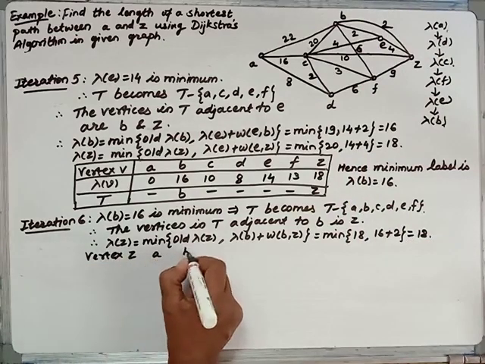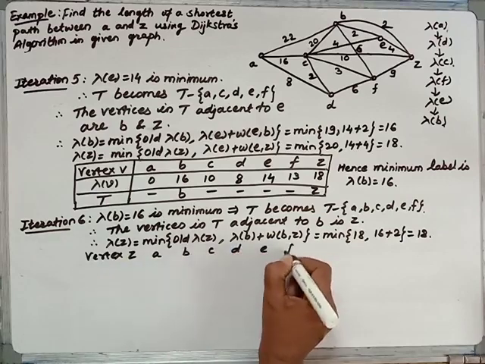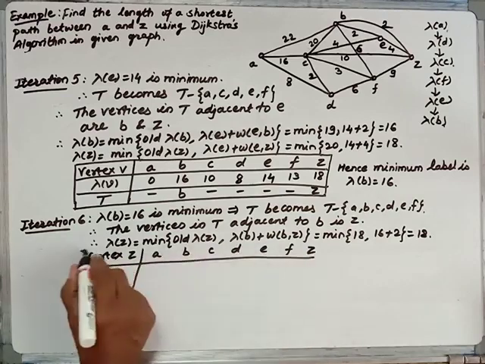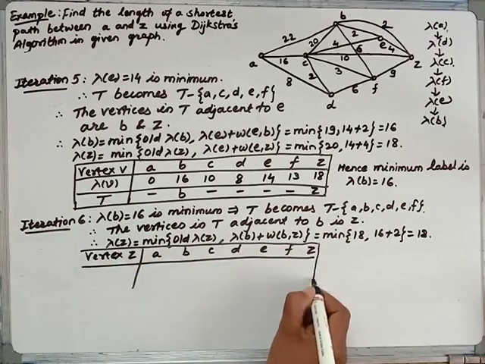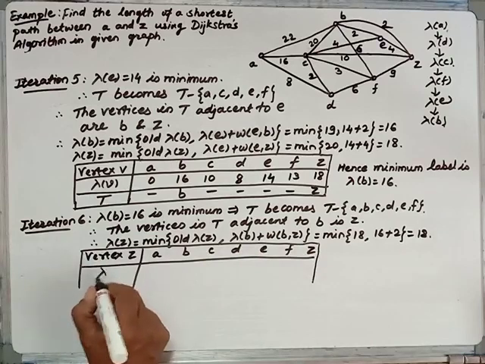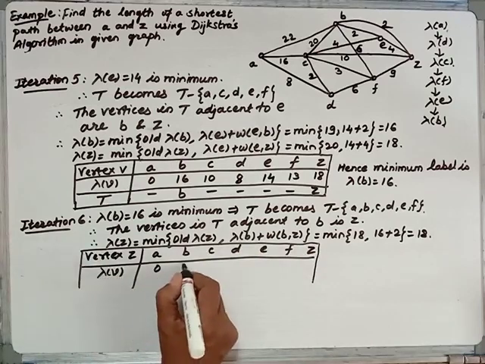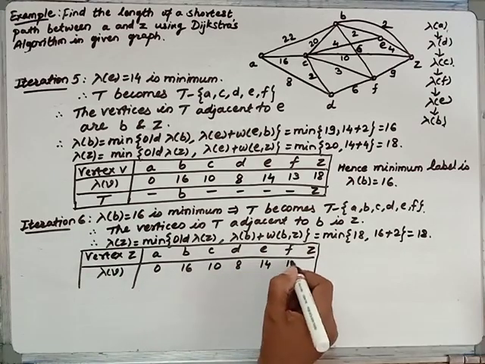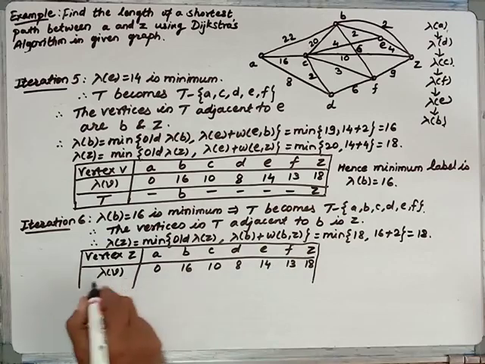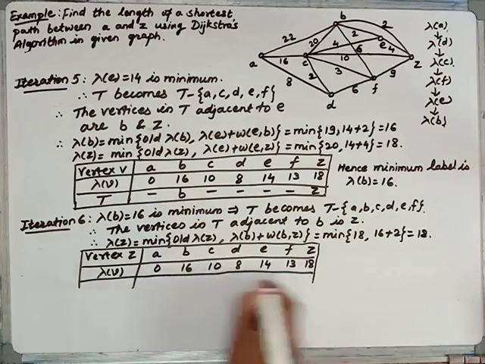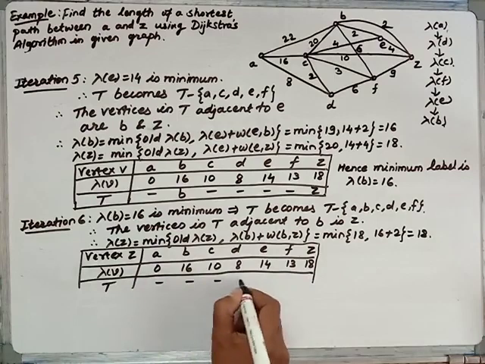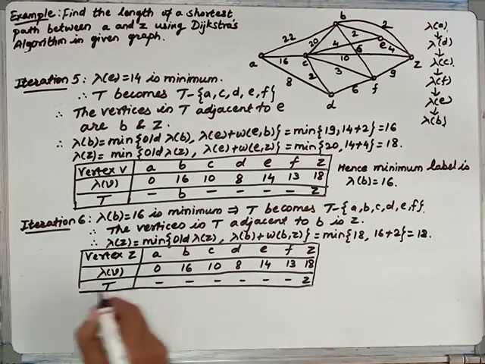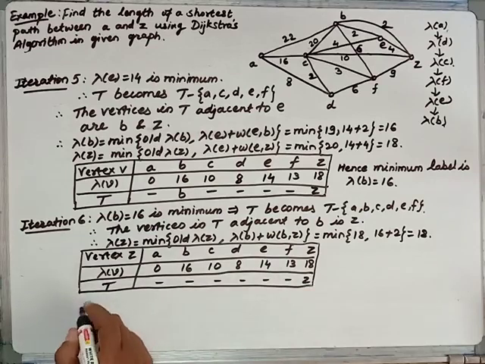Okay. Therefore, your new labeling is vertex A, B, C, D, E, F and Z. Right? Then lambda of V is what? 0, 16, 10, 8, 14, 13 and this is 18. Right? What is T? T is simply Z. So only one vertex Z is left now. So here iteration stops.